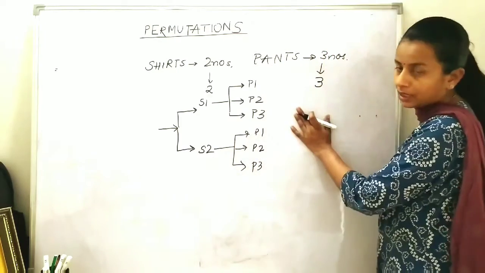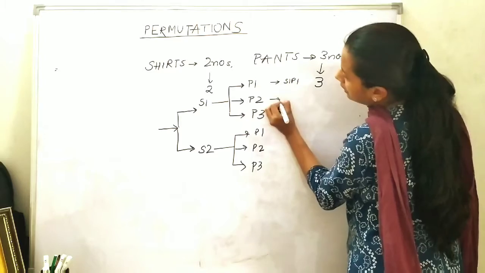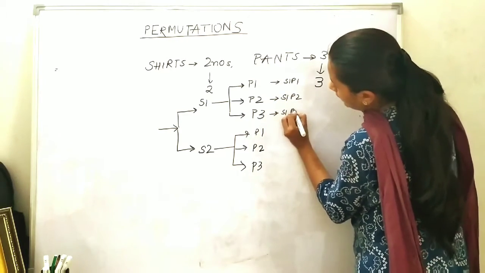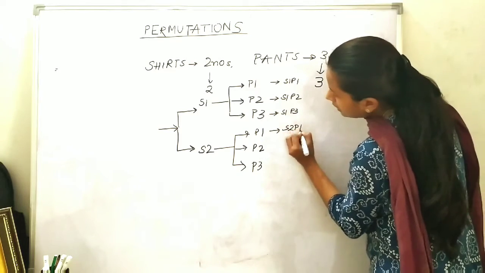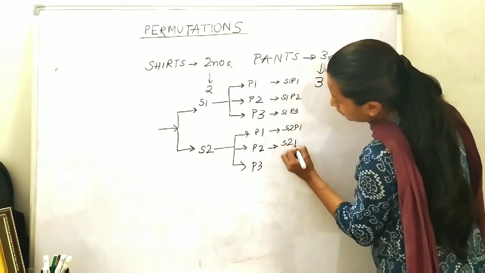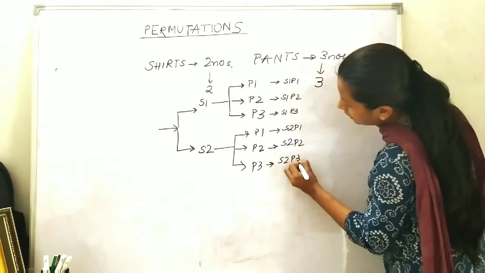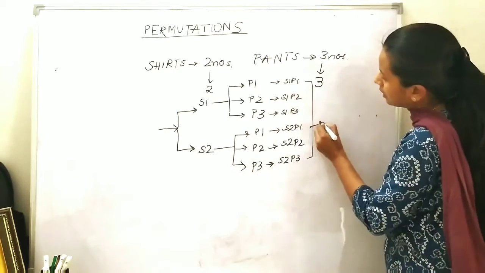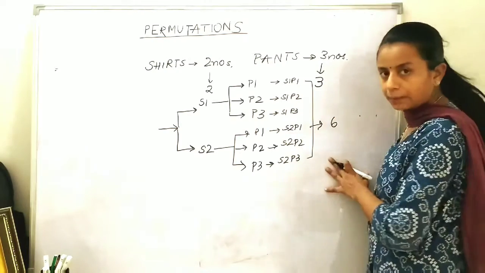So the combinations we get are S1 P1, S1 P2, S1 P3. Similarly, S2 P1, S2 P2, and S2 P3. So we get 6 combinations of shirt and pant.